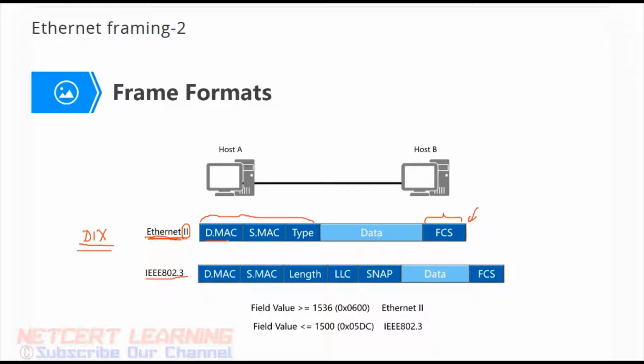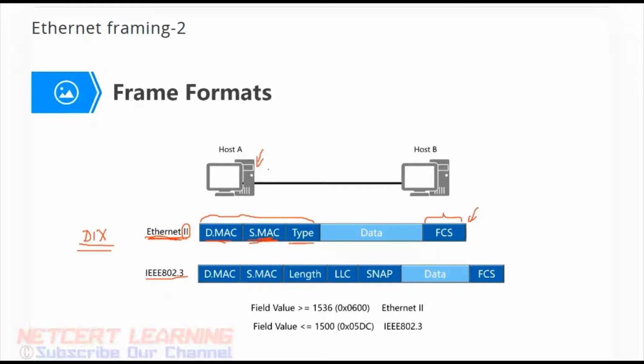One is the destination MAC address, the second is the source MAC address, and the third is the type. The destination and source MAC addresses identify the device. The MAC address is a hardware address that is burned into the NIC, the network interface card.